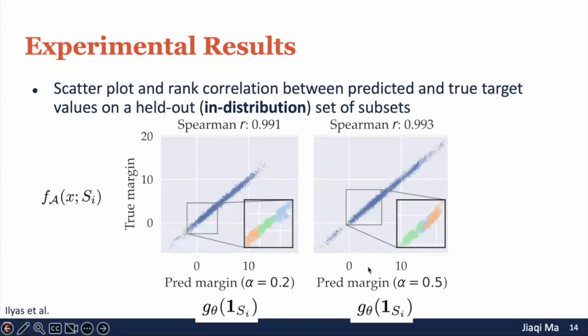Here are the experiment results. In this plot, we first sample some held out subsets that didn't appear when we estimated the G function. We can train models on these newly sampled subsets and get the true target function value f evaluated on them.